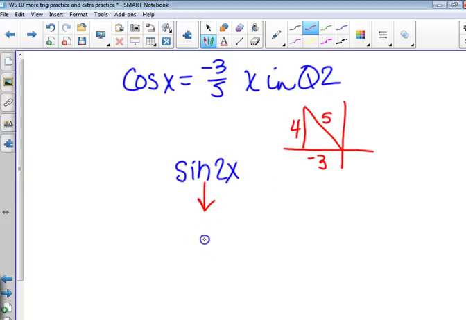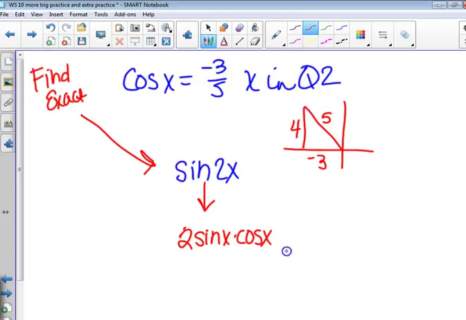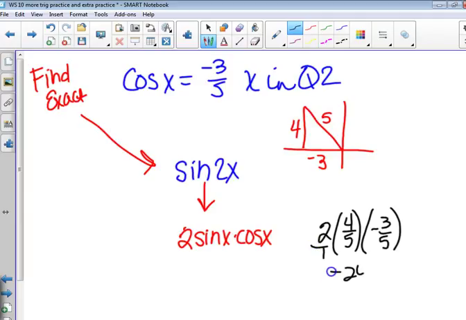Then you go to your blue sheet. And it says 2 times the sine times the cosine, yes. And it says find the exact value, by the way. All right, so you'd have 2 times the sine from this picture times the cosine from this picture. And your answer would just be negative 24 over 25, maybe?